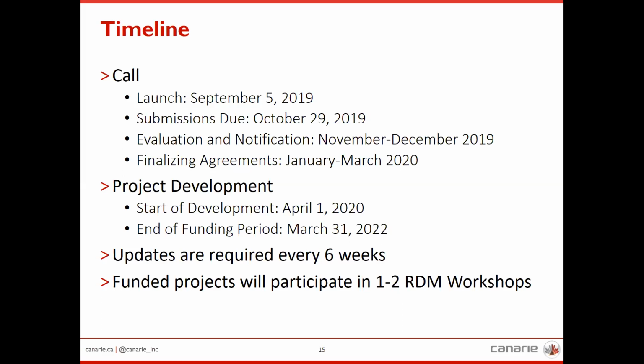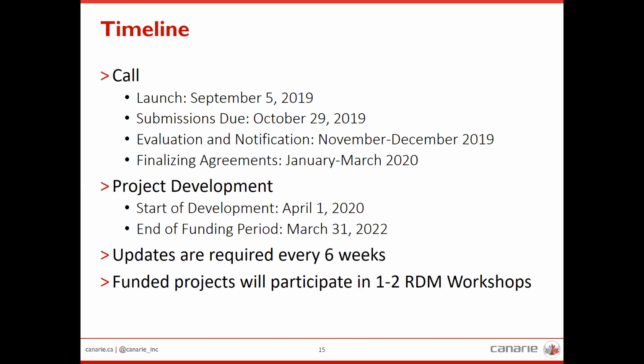I would particularly highlight that if you're considering a proposal, pay attention to the time of day that submissions are allowed in on that October 29th date, because it's not midnight. It's earlier in the day, and the system will be inaccessible once that time is passed. So you want to pay attention not just to the date, but also the time of day.